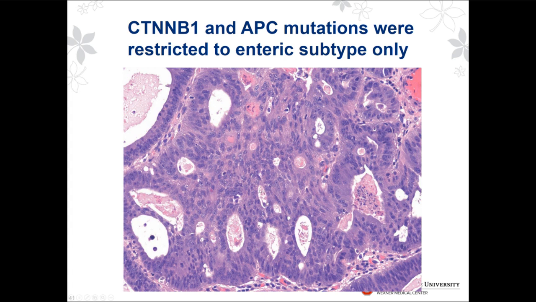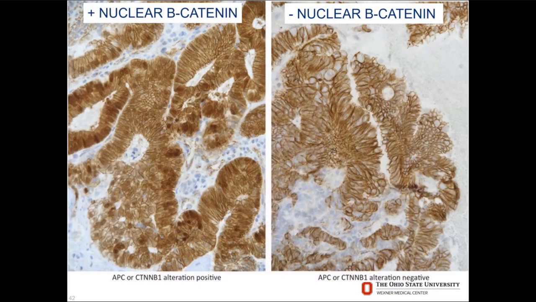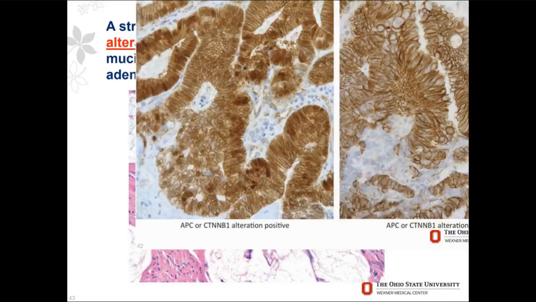This is an example of one of the cases from the study where you have CTNNB1 and APC mutations. These were restricted to the enteric subtype only. This is a small study with 15 cases, but that's huge, because if you look at the nuclear beta-catenin, you can see strong positivity in these patients, and some nuclear negative beta-catenin.